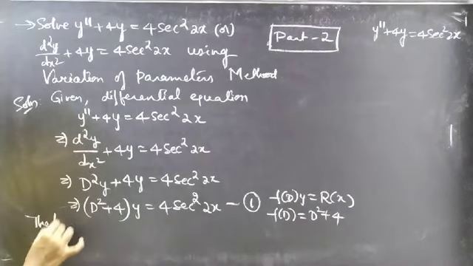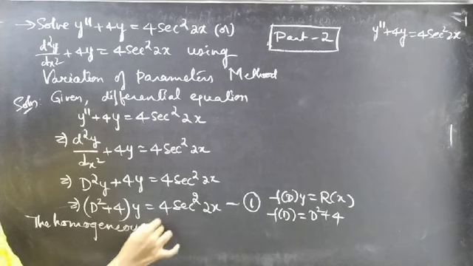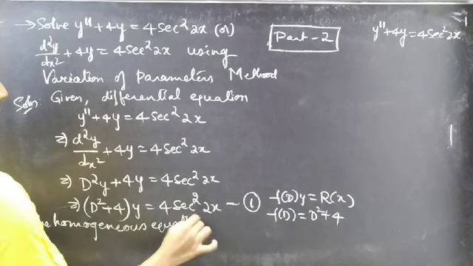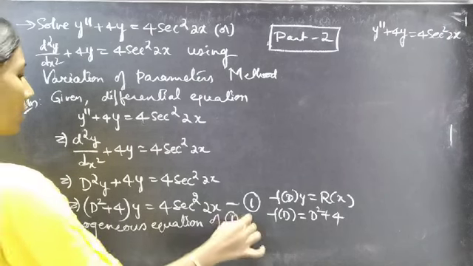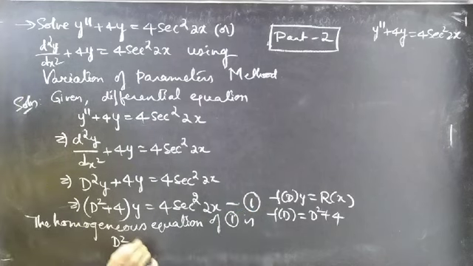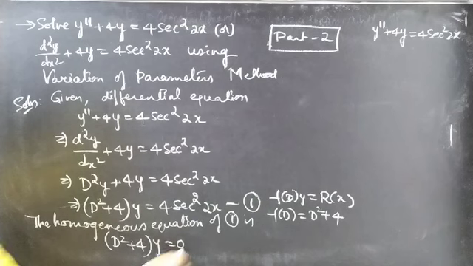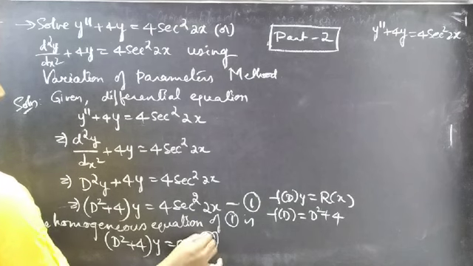And the homogeneous equation of 1 is d square plus 4 into y equal to 0. Right? Consider as equation number 2.